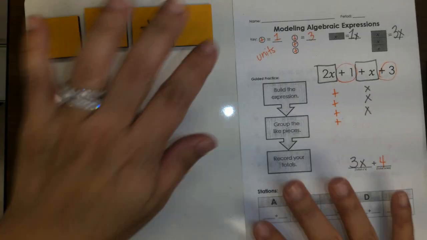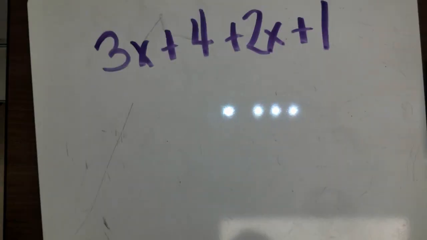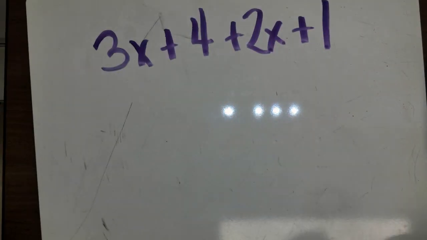All right. So let me give you an example. If you have room on your paper somewhere, let's go ahead and try this out. So let's say Ms. Galvan has 3x plus 4 plus 2x plus 1. Okay? So I have 3 x's, right?